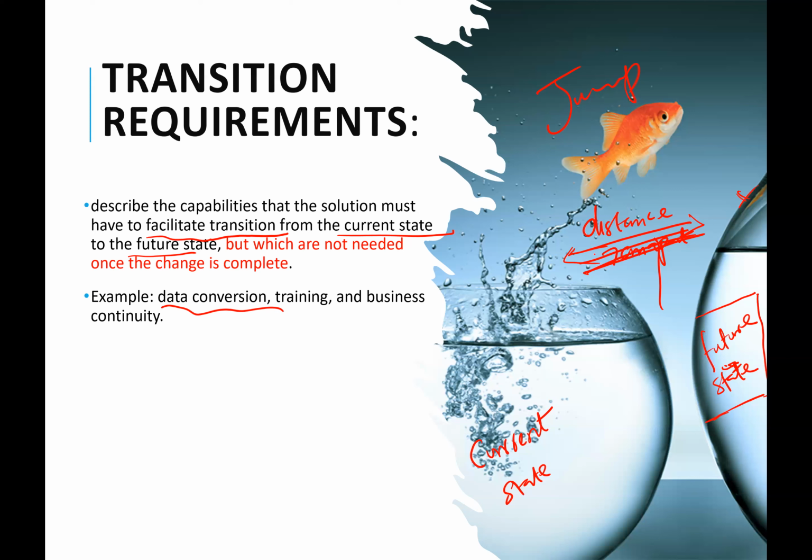So this is just transition. Okay. So we get the idea of what a transition requirement is. It's just a requirement that helps us move from our current state to the future state, but that will no longer be needed after the move is complete.